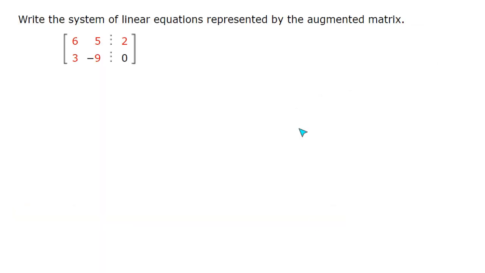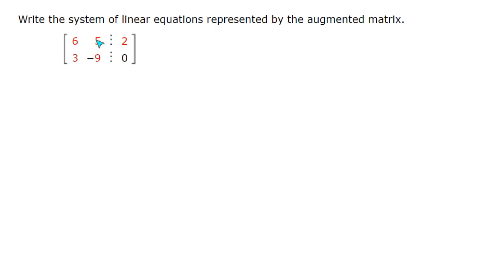Okay. So it says write the system of linear equations represented by the augmented matrix. So now we want to go in reverse. We have the matrix. What is the system? Remember, this is one equation here in this first row.